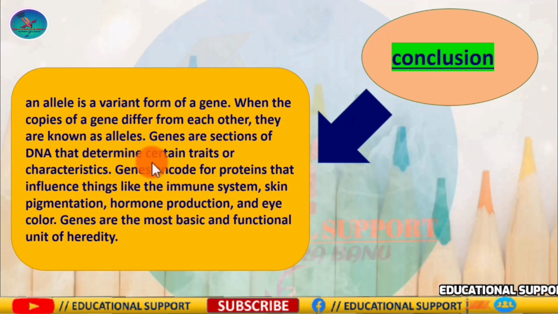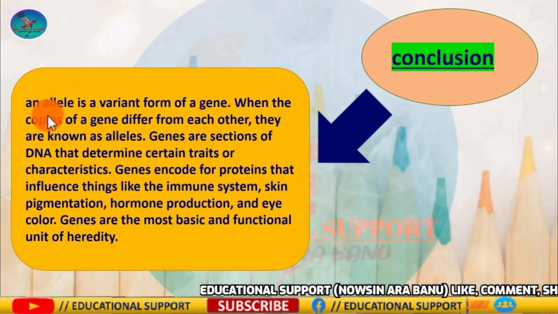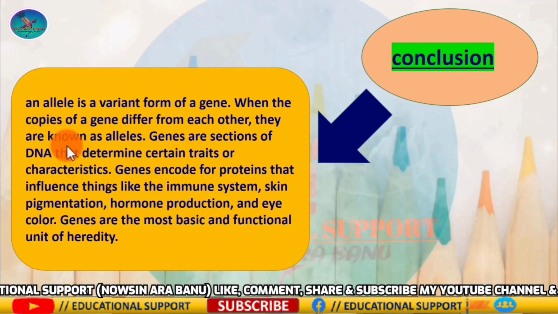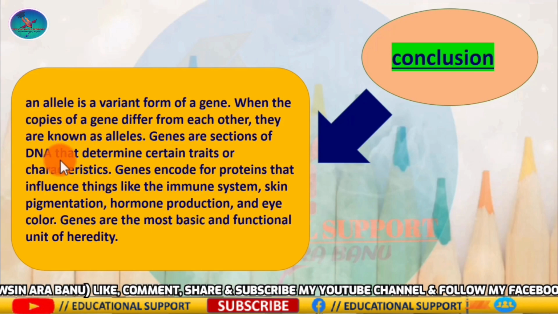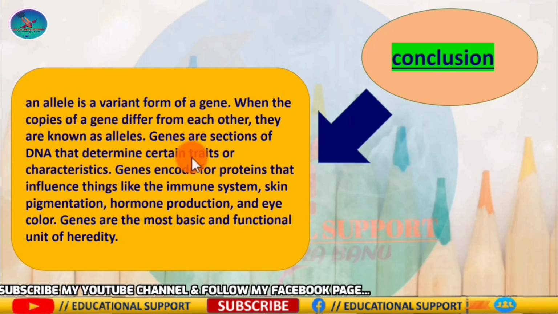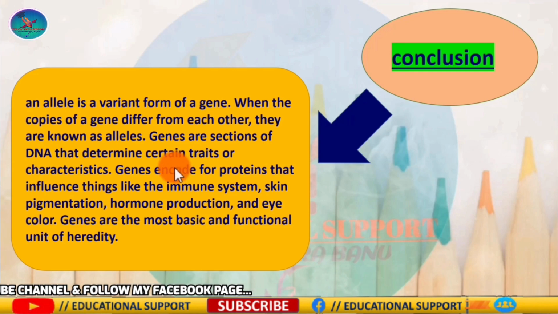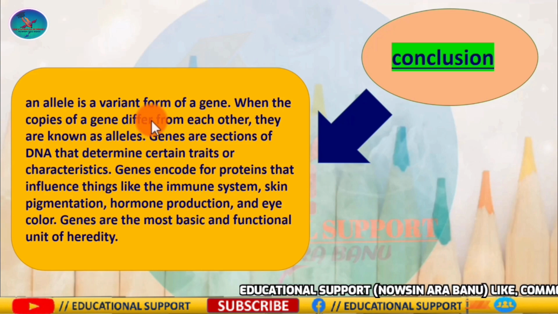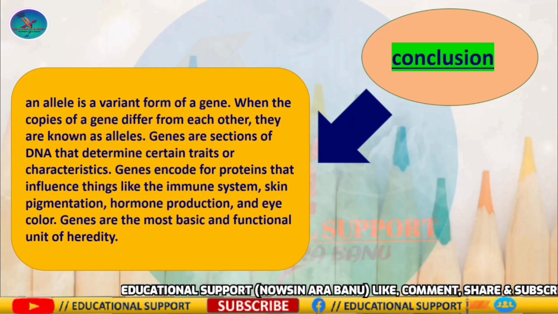When the copies of a gene differ from each other, they are known as alleles. A given gene may have multiple different alleles, though only two alleles are present at the gene's locus in any individual. Alleles can sometimes result in different phenotypes, with certain alleles being dominant or in some cases multiple alleles acting in a co-dominant fashion.